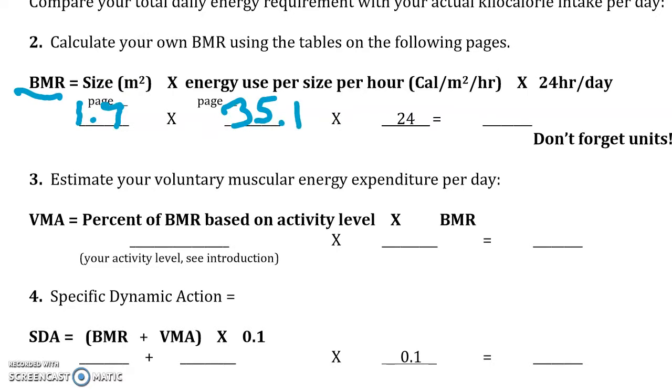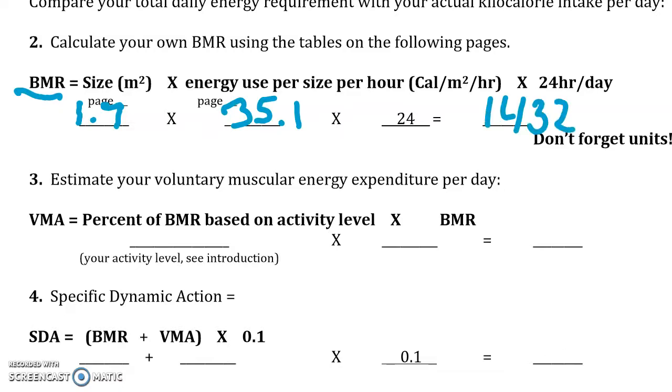Then we need to multiply that times 24. Let's do that real quick. So that's 1.7 for the body size times 35.1 times 24 is equal to, I'm going to round to the nearest full calorie, 1,432 calories.